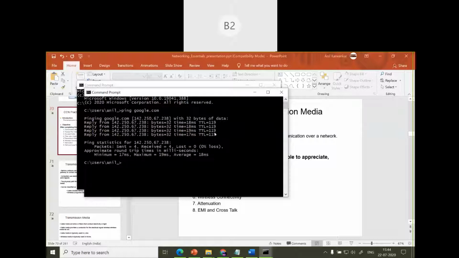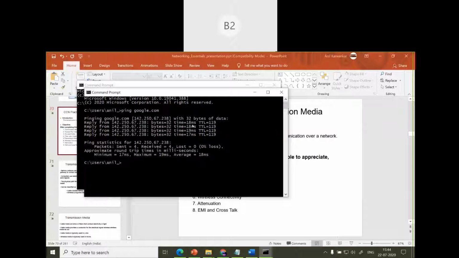That is, one packet of 32 bytes is sent from your terminal to the Google terminal, and Google is responding back to the query. And the response from google.com is obtained within a specified time, and the time for receiving the 32 byte packet from google.com is 18 milliseconds.